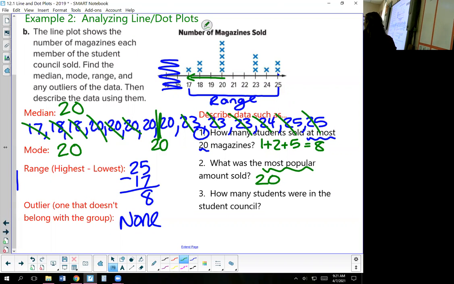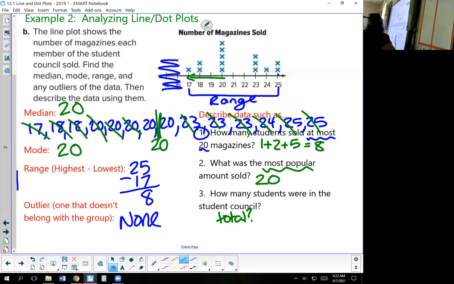I think you're adding, okay? How many students were in the student council then? What would I do there? How many students were in the student council? They were asked this. How many kids are there? Is that right? 14. How'd you get that? You count them all up. So see how I said how many students were in the student council? That means again, what's the total, right?